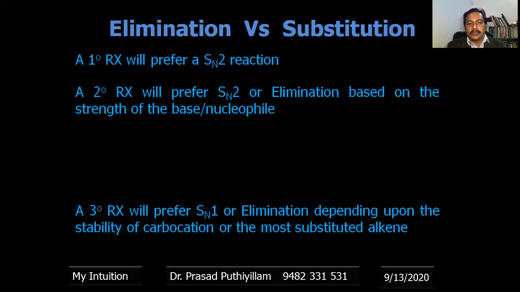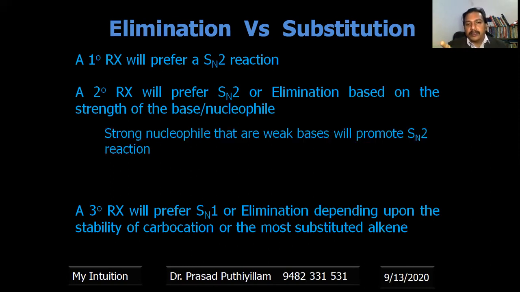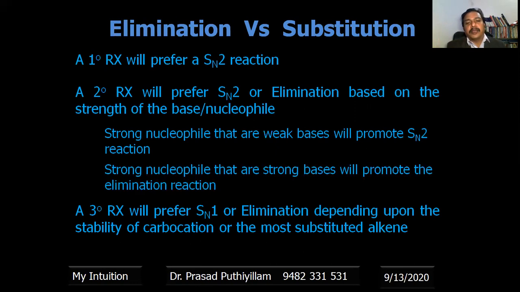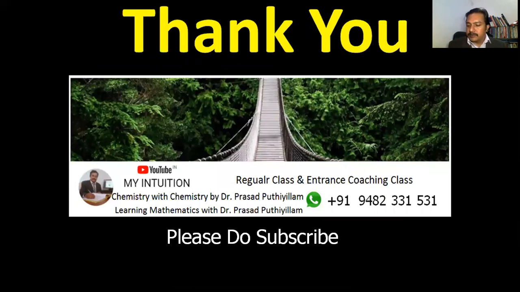For a secondary alkyl halide, if a strong nucleophile acts as a weak base, it will promote the SN2 reaction. Whereas if the nucleophile is also a strong base, then it will promote the elimination reaction. So that's about the differences between elimination and substitution reactions.